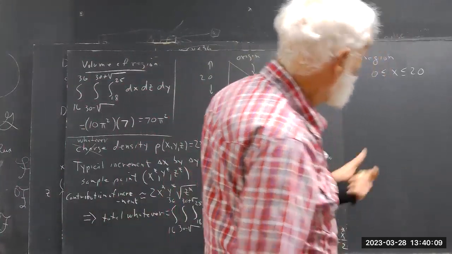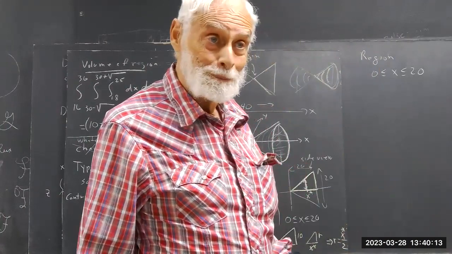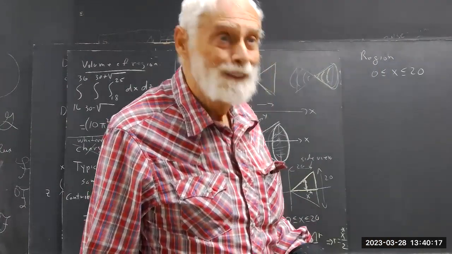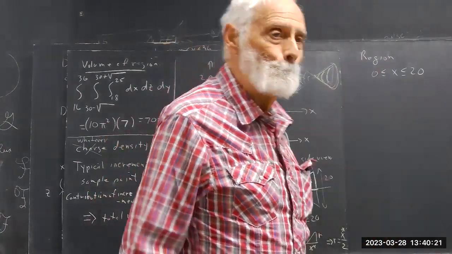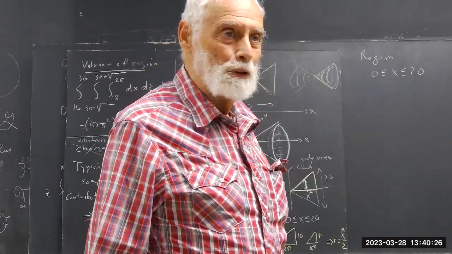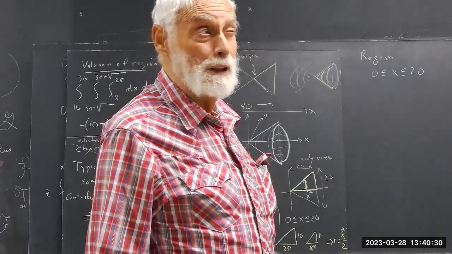And I could say 0 less than or equal to R less than or equal to X over 2, and 0 less than or equal to theta less than or equal to 2 pi. Okay, that mixes up my coordinates, rectangular and polar coordinates all mixed up, right? Well, you probably don't want to do that. If you do, you have to be careful.